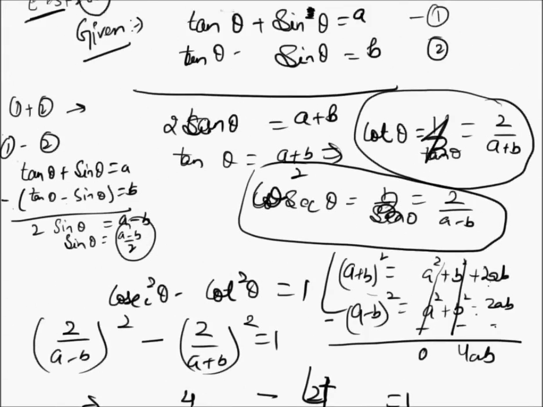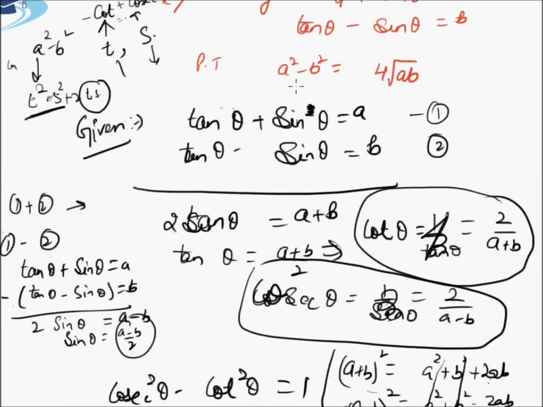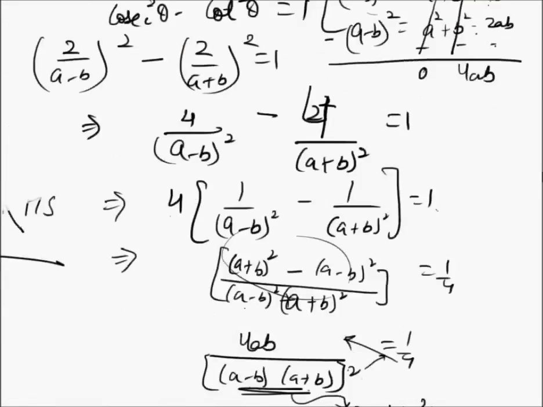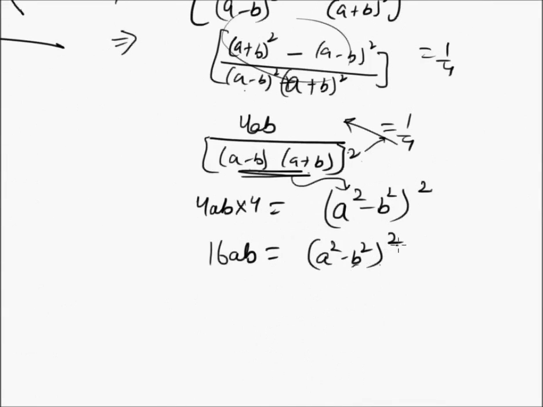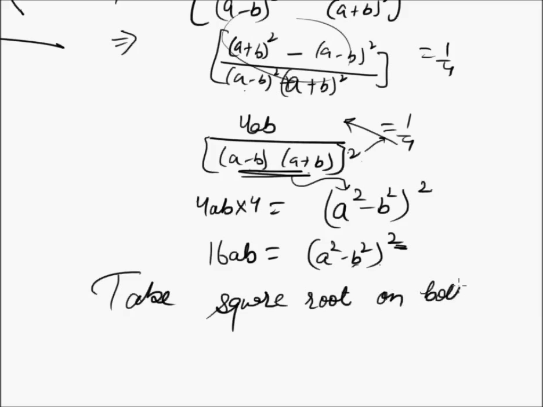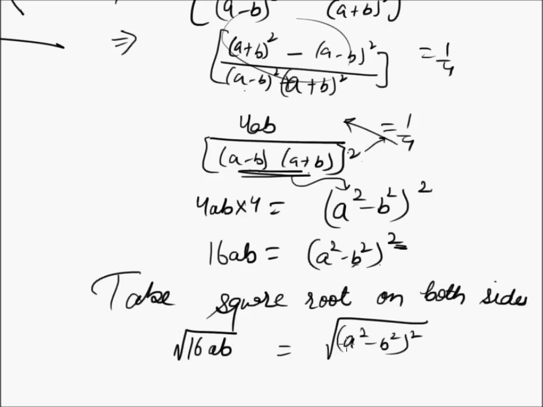Now we have to find a square minus b square, but here we have (a square minus b square) whole square. So take square root on both sides, which will give us under root of 16ab is under root of (a square minus b square) whole square.